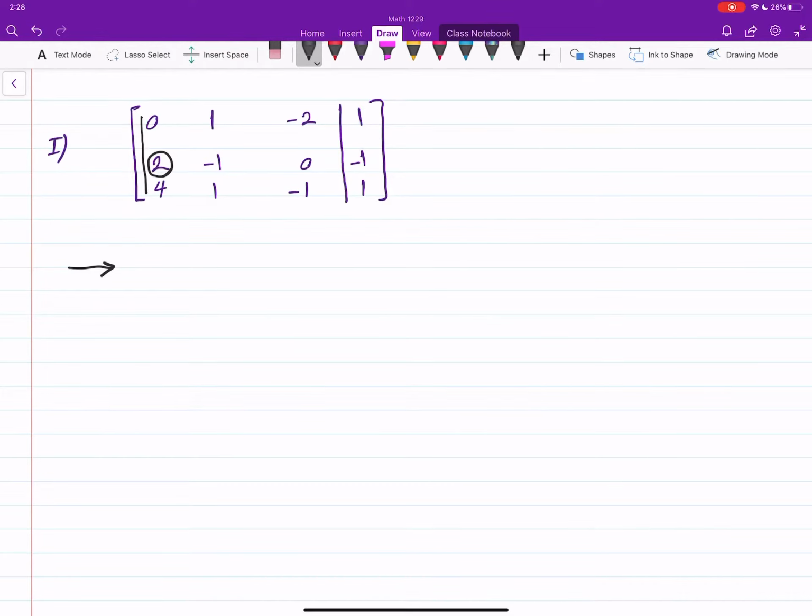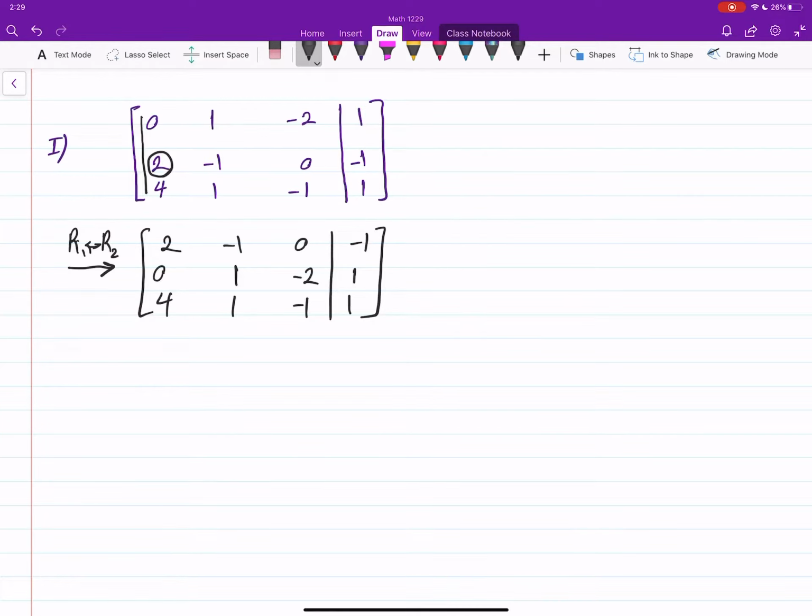Move it just below the rows with leading one, but I don't have any leading one. That means move it to the top of the matrix, so it will be R1 interchange R2. This is 2, -1, 0, -1, 0, 1, -2, 1, and 4, 1, -1, 1.